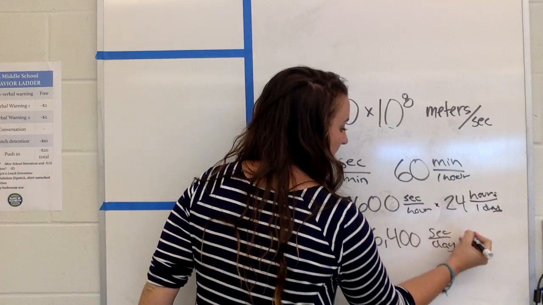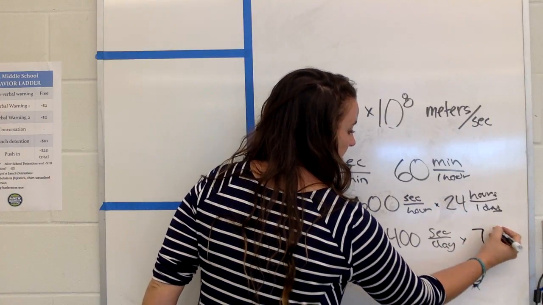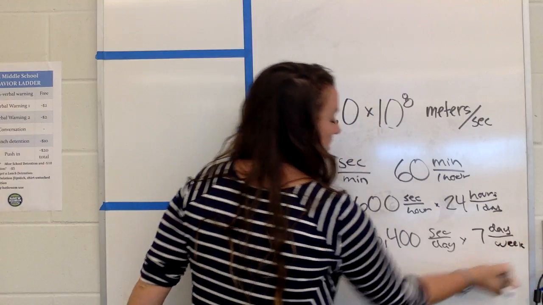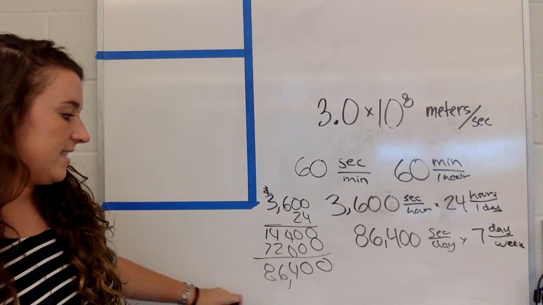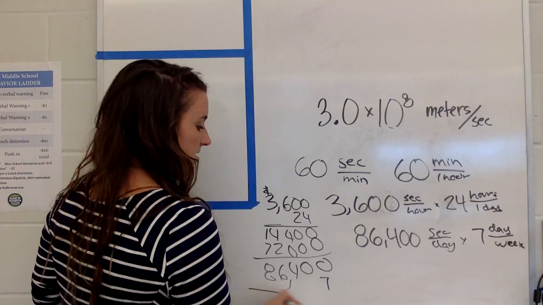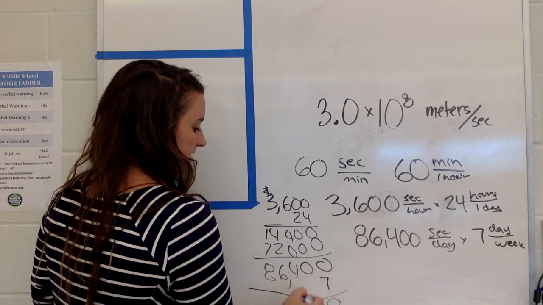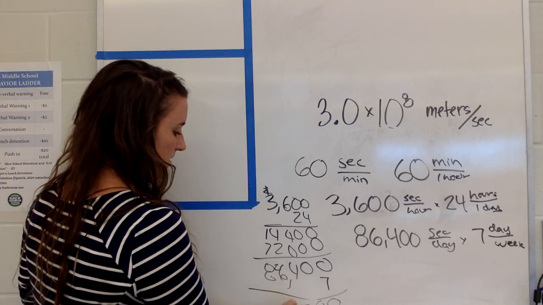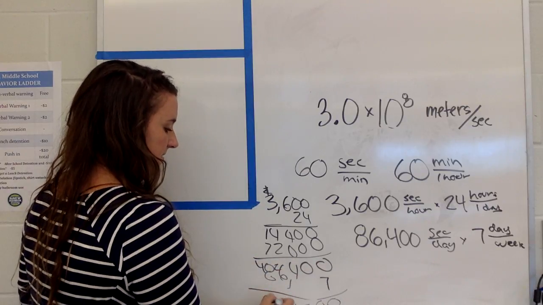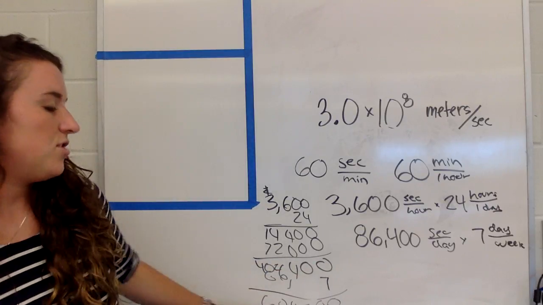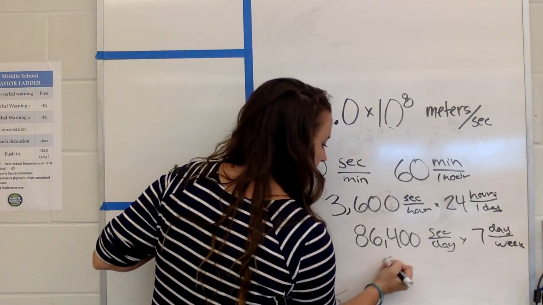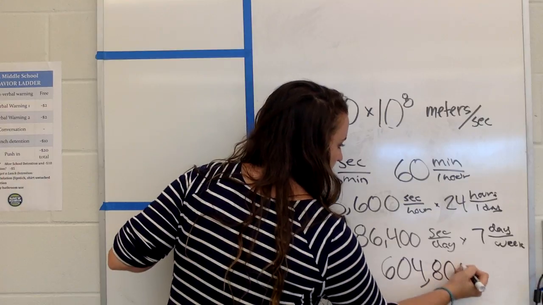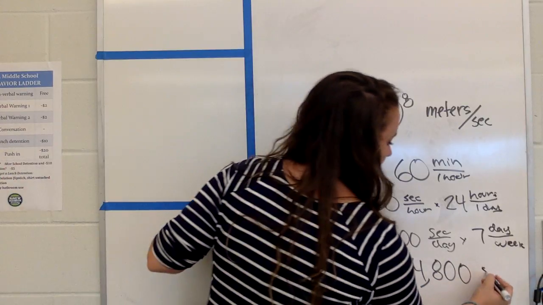So then I have times 7 days in 1 week. 86,400 times 7 will give us 7 times 6 is 42, 44, carry the 4, 7 times 8 is 56. 604,800 seconds.